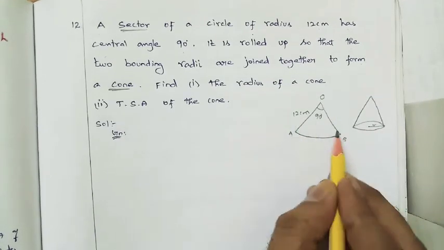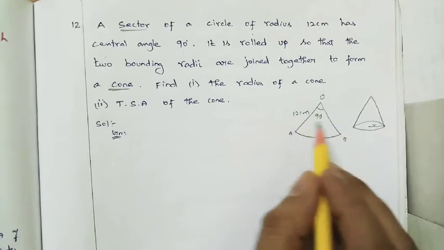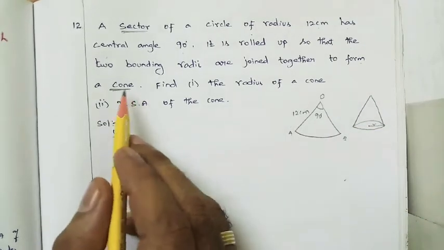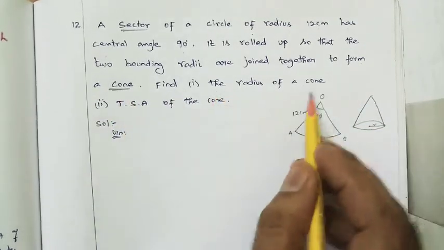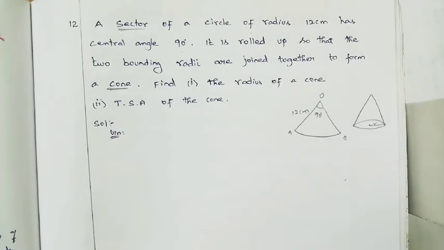While we are rolling this sector, the two radii have been joined and now we got a new cone, right? Find the radius of the cone and the total surface area of the cone.